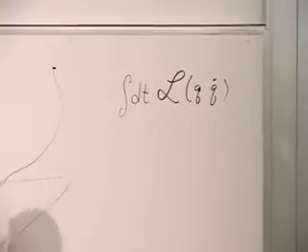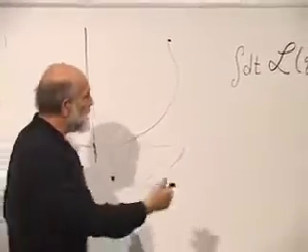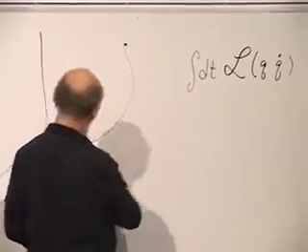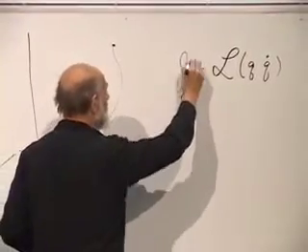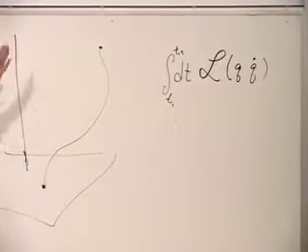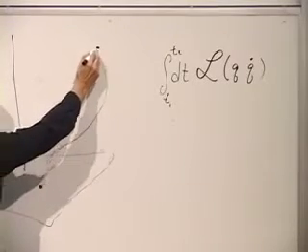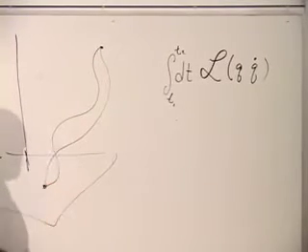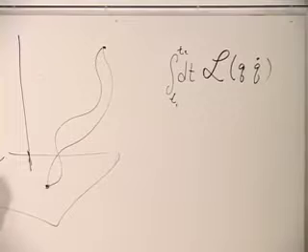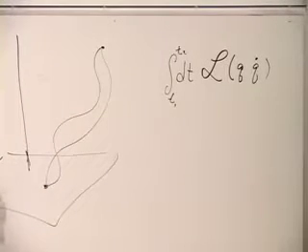And one speaks about the action between the initial and final configuration. So that means the integral is from some initial time t1 to some final time t2. And the different trajectories that we're going to explore and compare to find the one of least action are all trajectories which pass through the same 2 points.